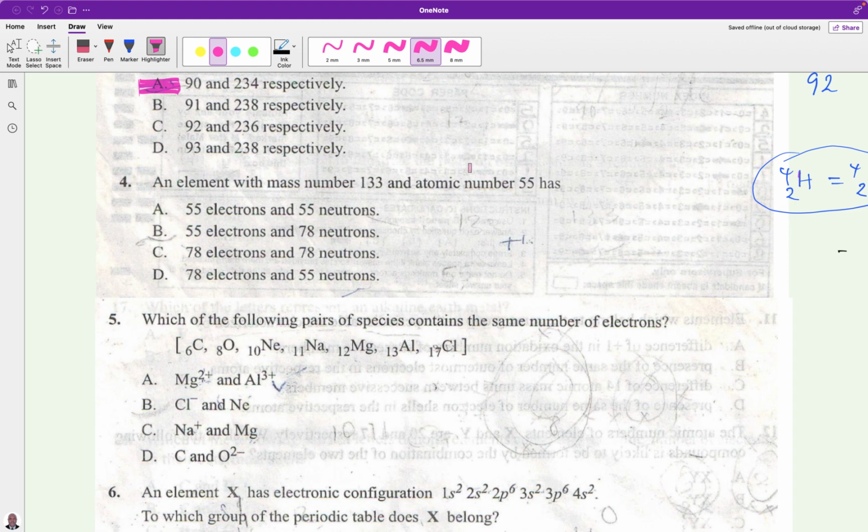So we will have 55 electrons and 78 neutrons. So the answer for 4 is B.